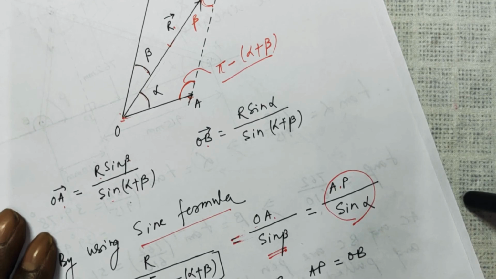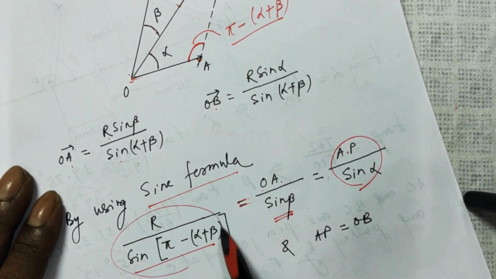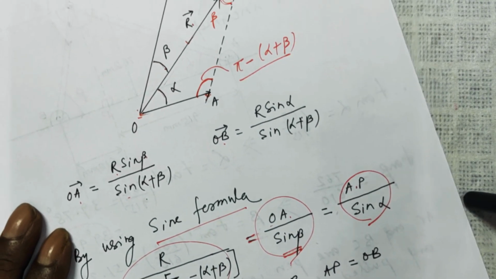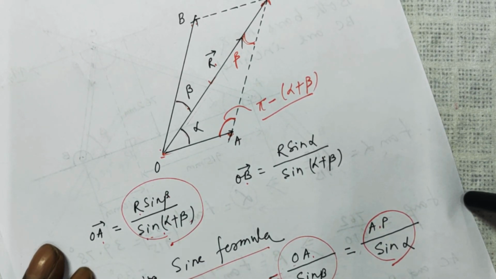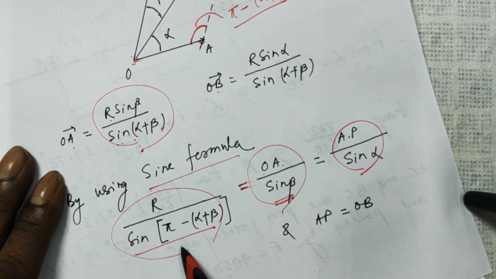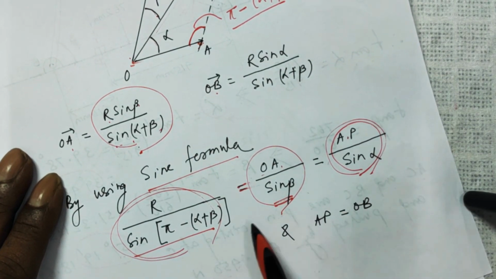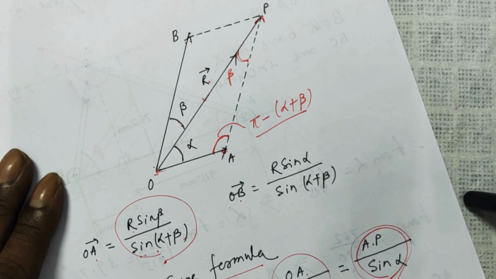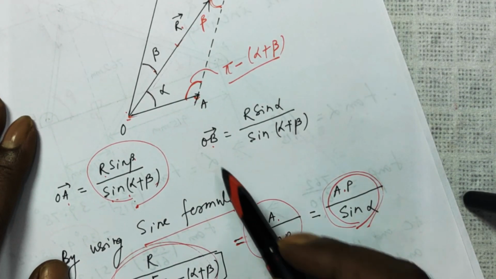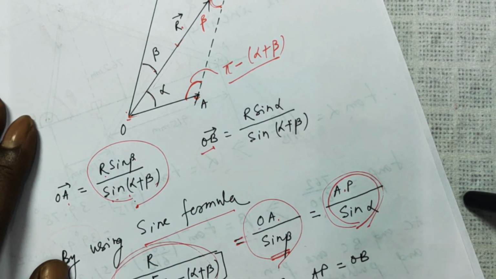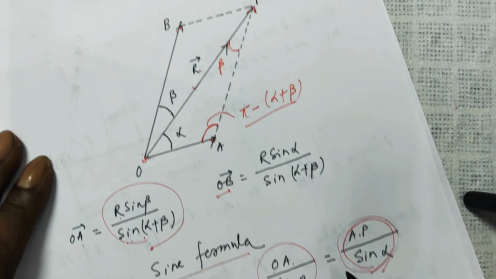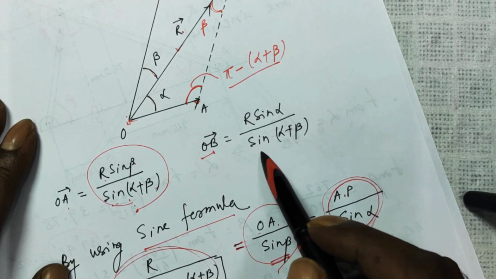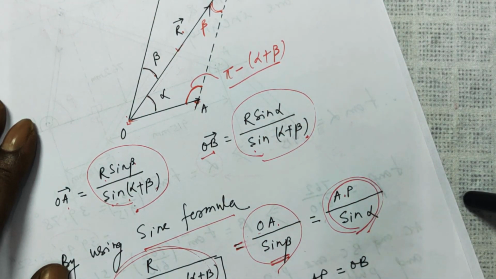So by cross multiplying, we get OA is equal to R sin beta over sin (alpha plus beta). By cross multiplying the other pair, we get OB, that is the same thing as AP, is equal to R sin alpha over sin (alpha plus beta), right?